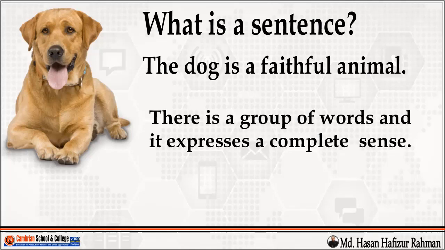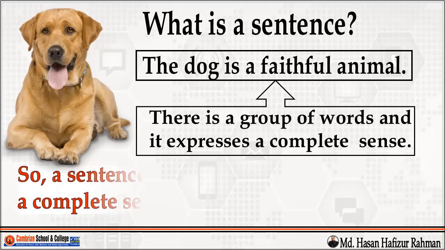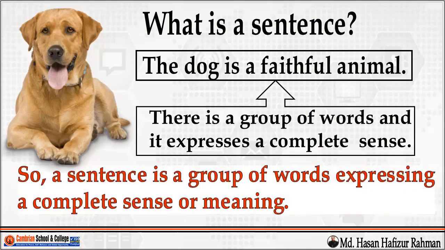You can see that there is a group of words in the sentence expressing a complete meaning, sense, expression, or explanation. So, a sentence is a group of words expressing a complete sense or meaning.